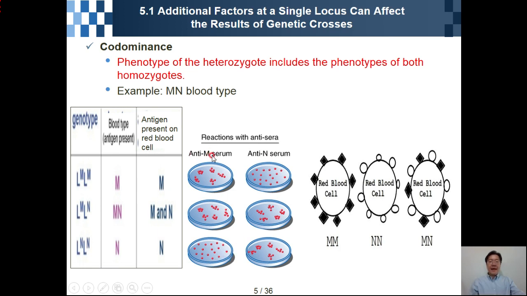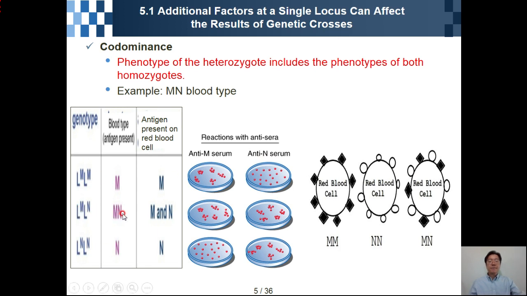The anti-M serum cannot react with the N blood type, but the anti-N serum can react with the N antigen, right? So they aggregate. How about LM LN?